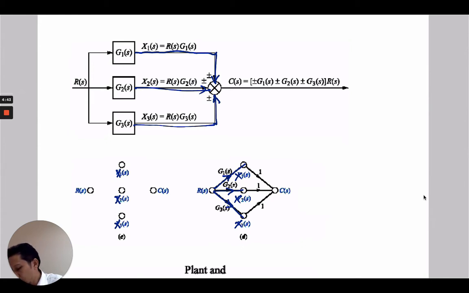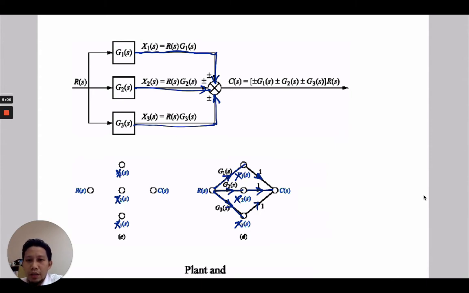We have X1 that is connected to C(s) with an arrow with 1. X2 is connected to C(s) with an arrow with 1. And finally we have an arrow that connects X3 to C(s), and the system is 1.